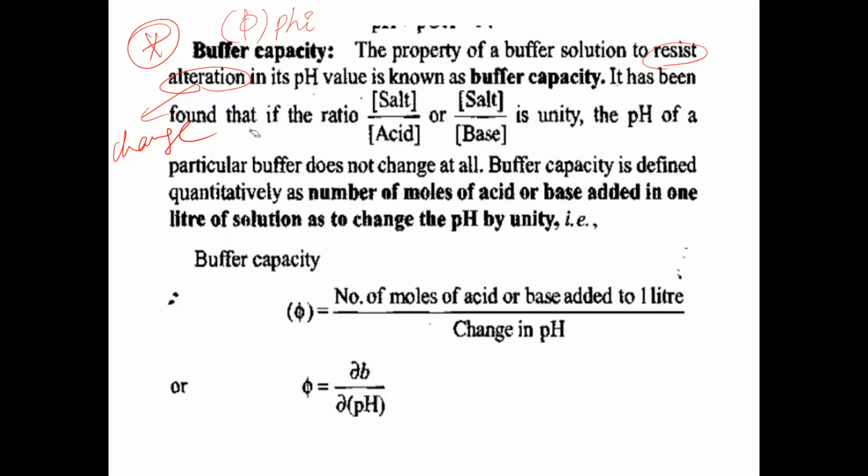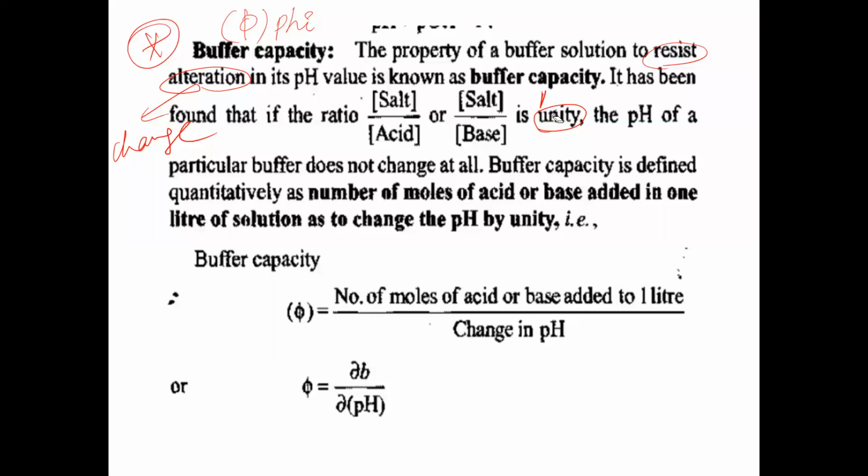It has been found that if the ratio of salt to acid concentration, otherwise salt to base concentration, is unity, unity means 1. If the concentration of salt is equal to the concentration of base, this ratio will become 1. If the concentration of salt of an acidic buffer is equal to the concentration of weak acid, this ratio becomes 1.